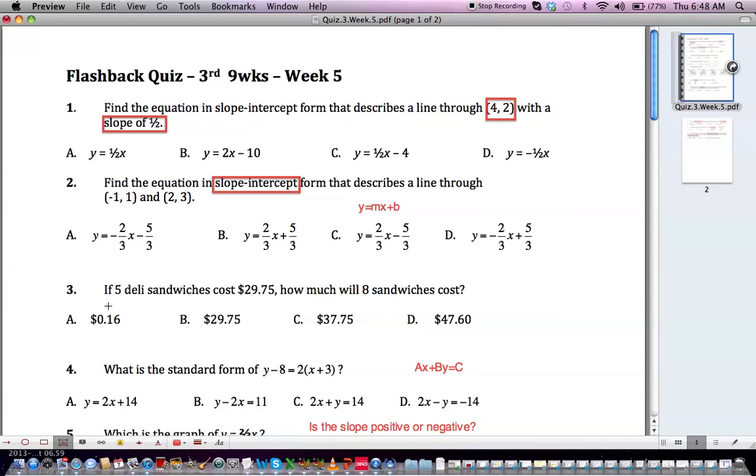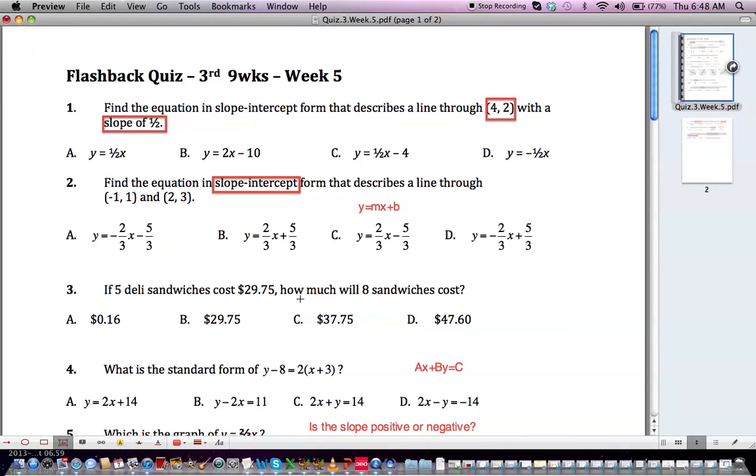Number 3, if 5 deli sandwiches cost $29.75, how much will 8 sandwiches cost? Okay, so if 5 costs $29.75, how much will 8 cost?